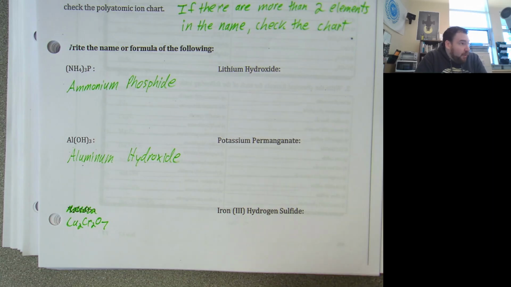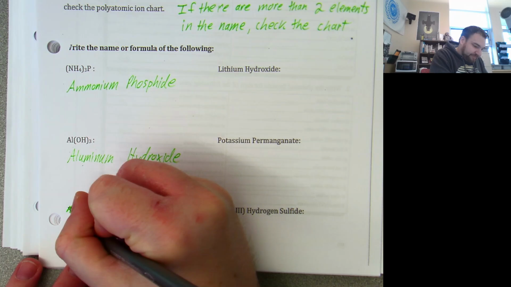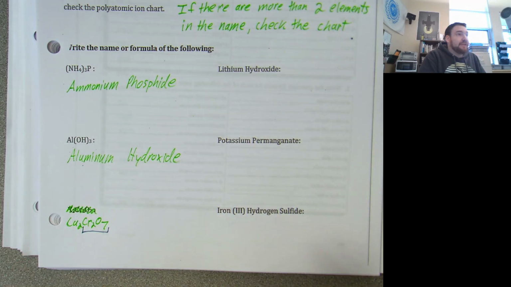Okay, so there's 3 capital letters there, which means they've got 3 elements. Which group of elements there is going to be the polyatomic ion? Take a look at your chart. Yeah, it's this guy right here. Jedediah's already found it.